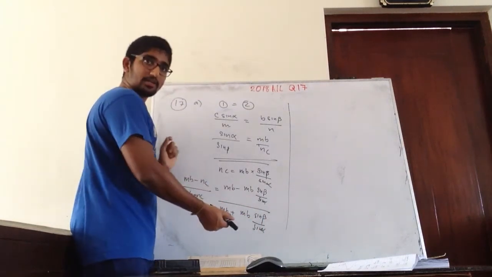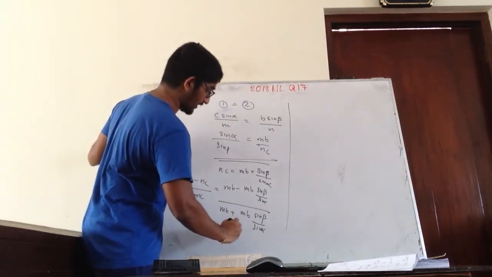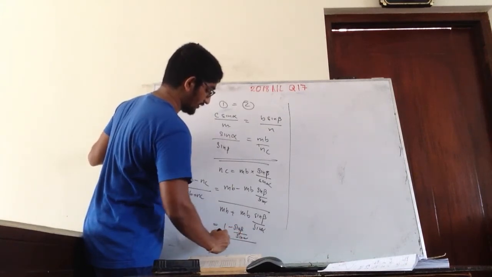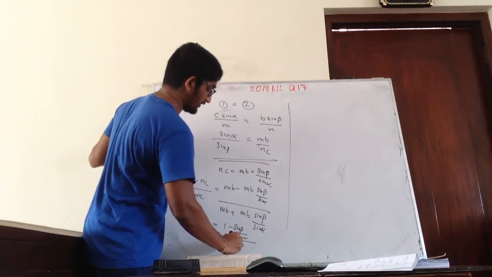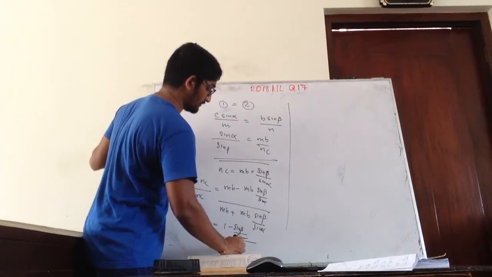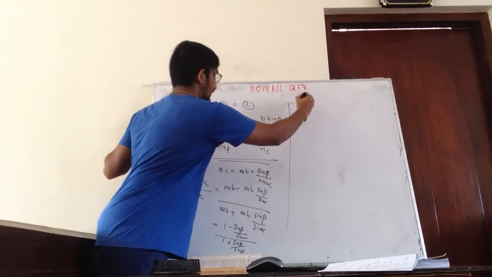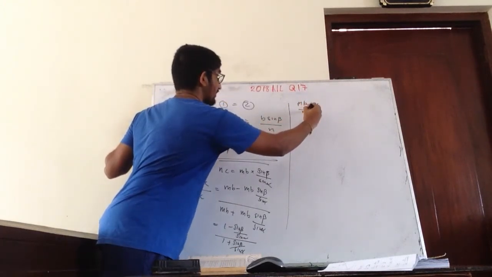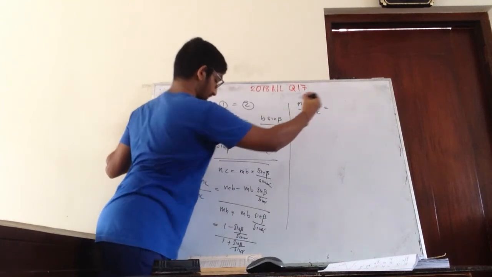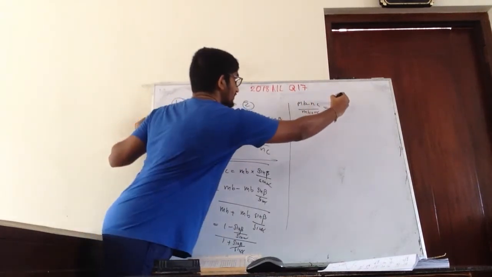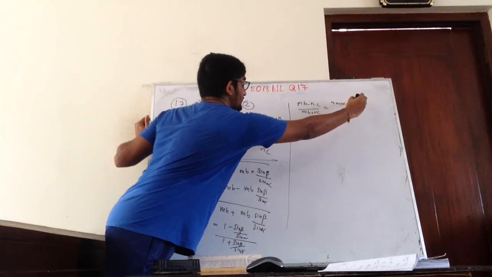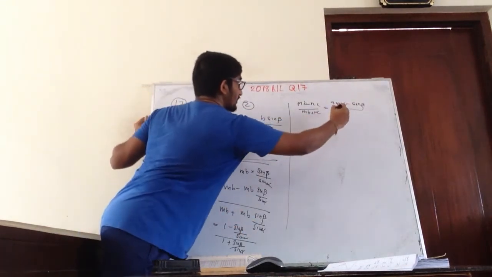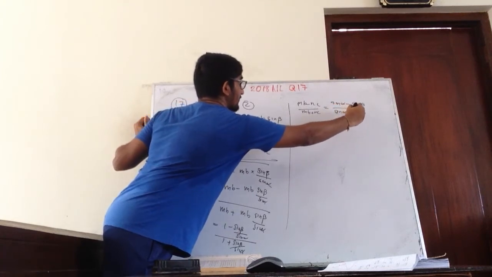So I can cut out the MB, then I can write 1 minus sine beta over sine alpha, over 1 plus sine beta over sine alpha. So I will get MB minus NC over MB plus NC as sine alpha minus sine beta over sine alpha plus sine beta. The sine alpha part will be cut off.